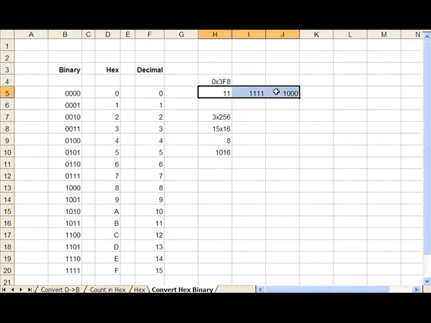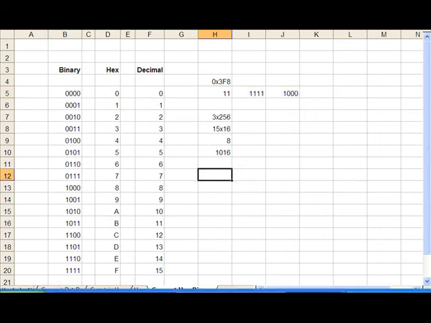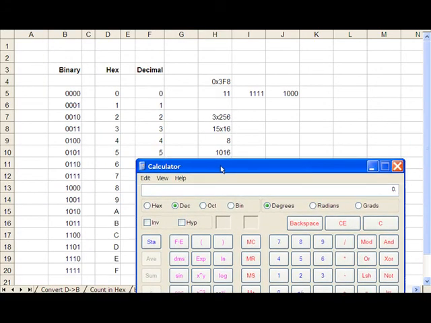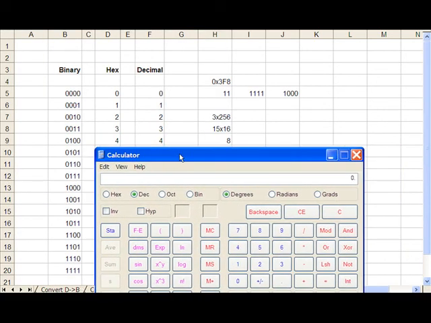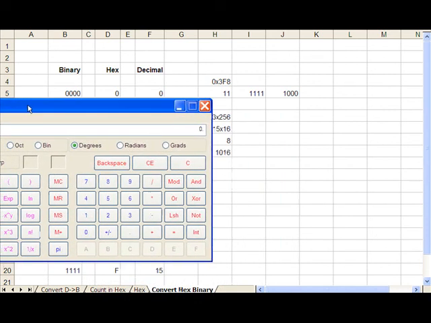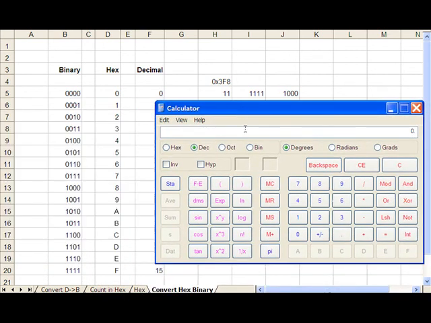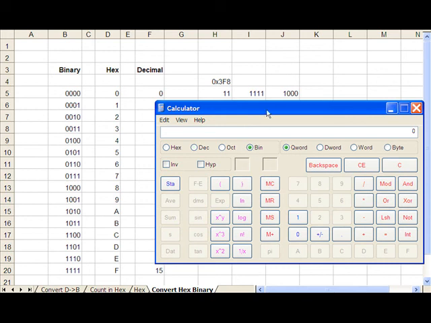Well, when we get numbers that are this big, doing the conversion by hand starts to be quite tedious. So let's go and have a look at the calculator and make sure that we're doing this correctly. Well, let's put it here for now, and let's type in that binary number.